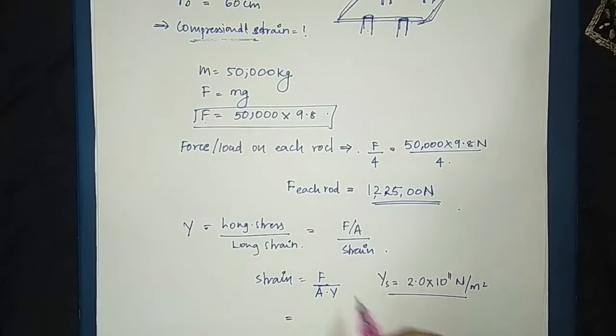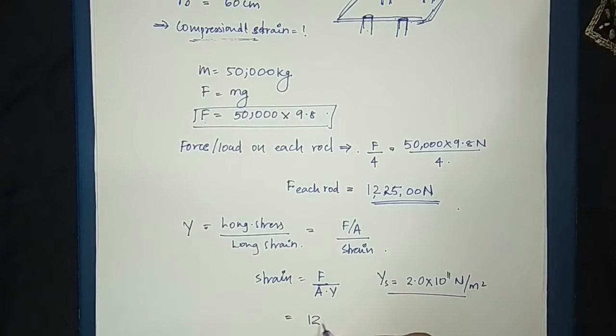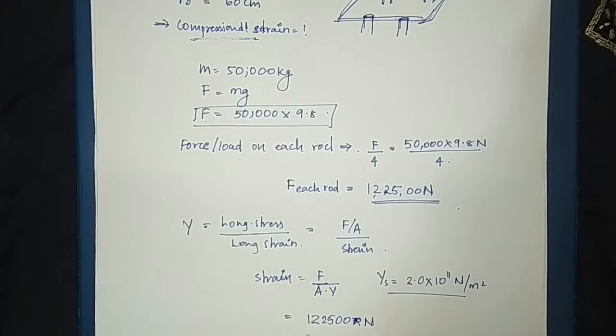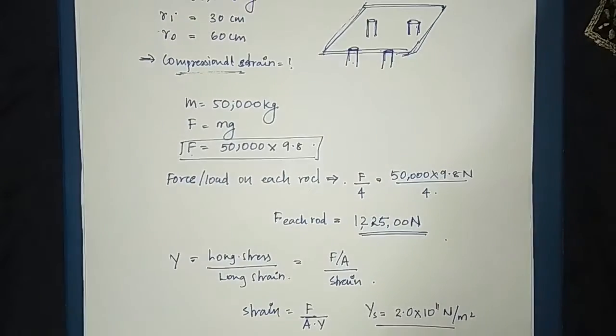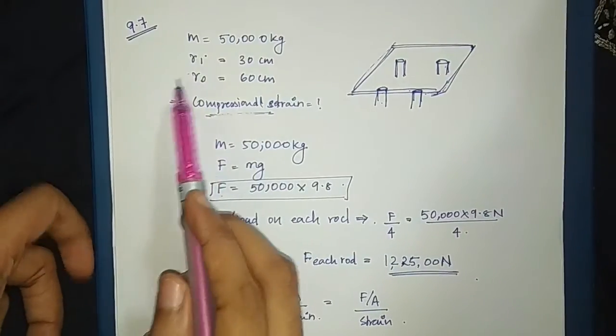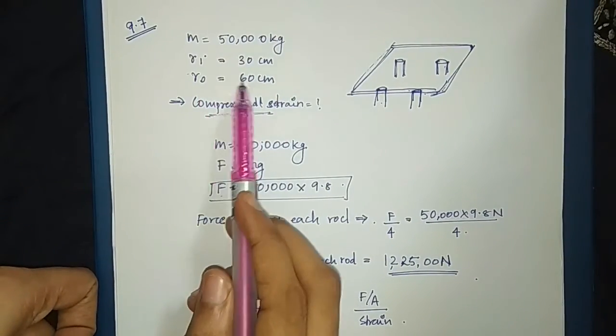So plugging in the values, force is given as 12,25,000 Newton upon area. Now what will be the area? The inner and the outer radius of the cylinder is given.